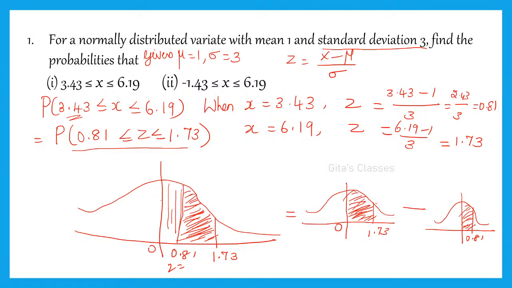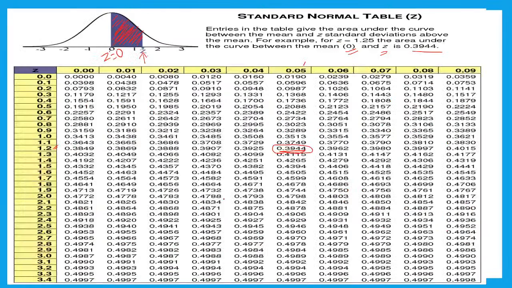I hope you understood. I'll explain again. Listen all of you. I need the area from z equal to 0.81 to 1.73. But the table values are available only from 0 to z value.